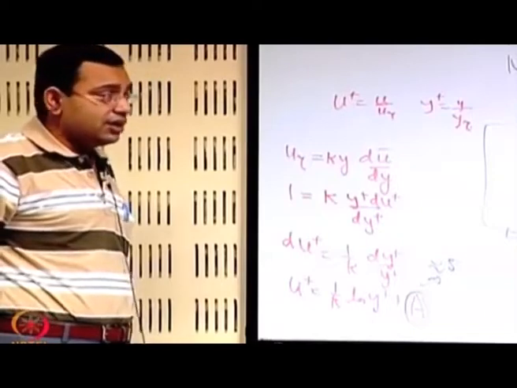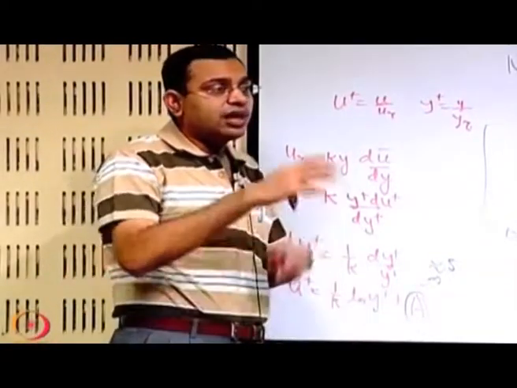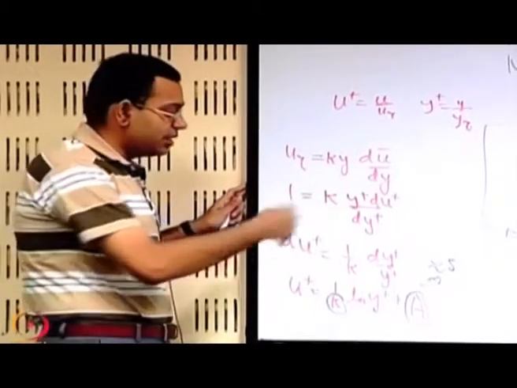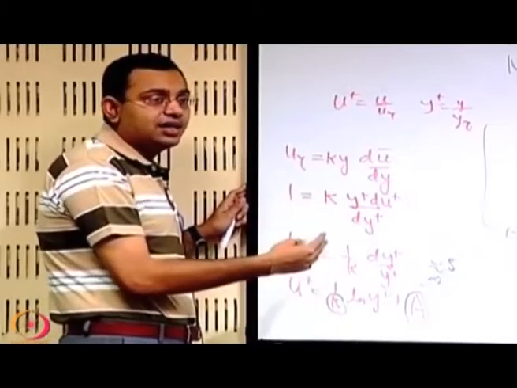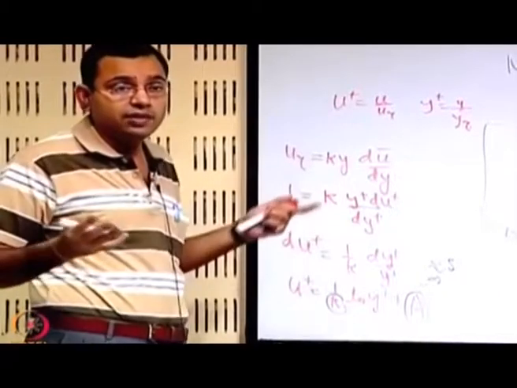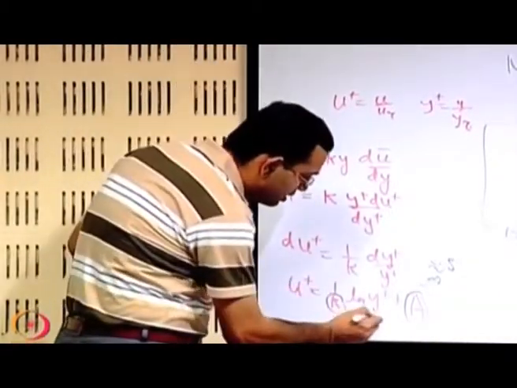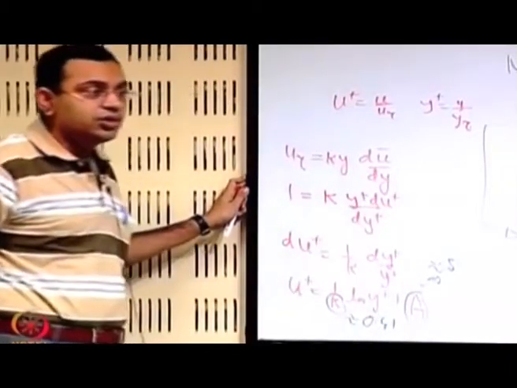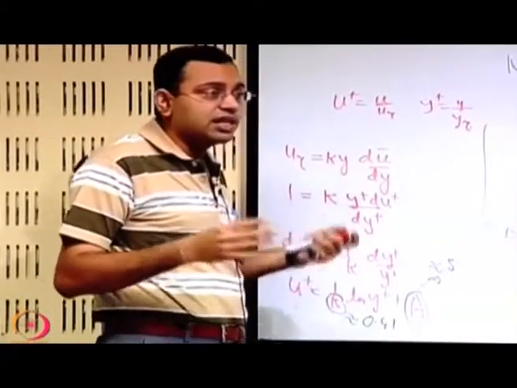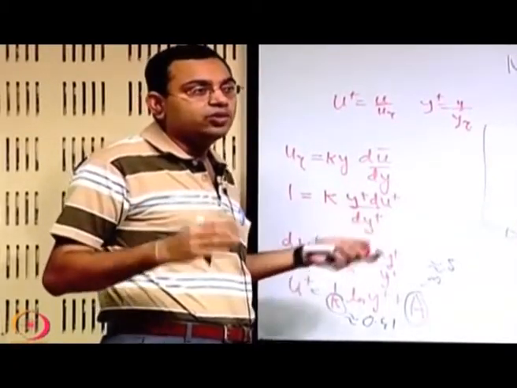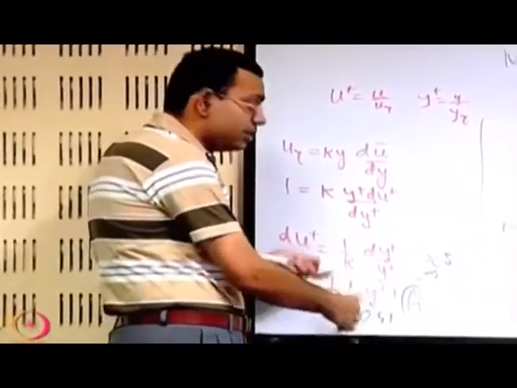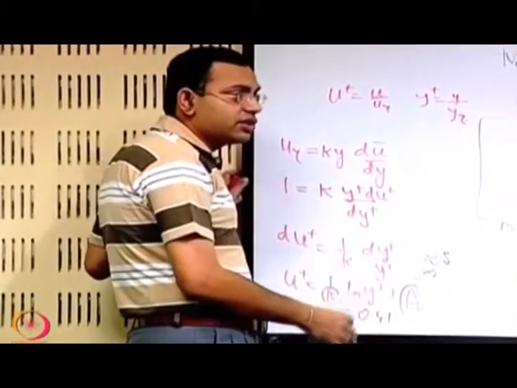More importantly, although this parameter might vary according to the roughness of the wall, this parameter k, or in some books written as kappa, is sort of universal and it does not vary from one condition to another condition. It is a remarkable thing, and the value of this is roughly equal to 0.41, which was obtained by a lot of hypotheses and experimentation conducted together by the group of von Karman, and therefore this is given in the honor of von Karman as von Karman's constant.